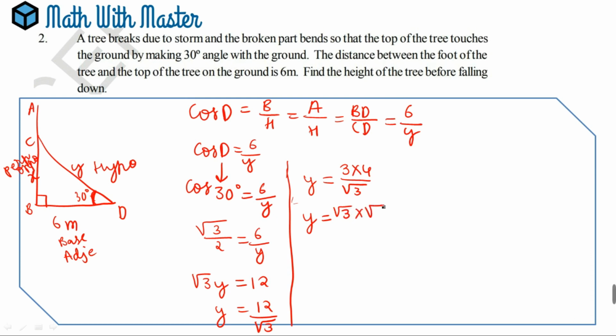So it is root 3 into root 3 into 4 upon root 3. Root 3 and root 3 will get cancelled over here, and the answer will come y is equal to 4 into root 3. So now we have found the values of this.